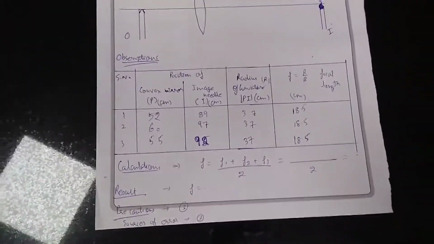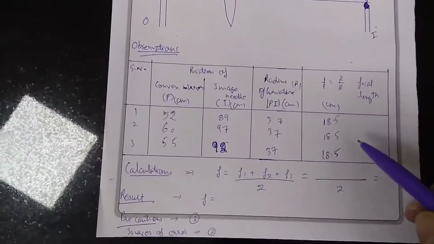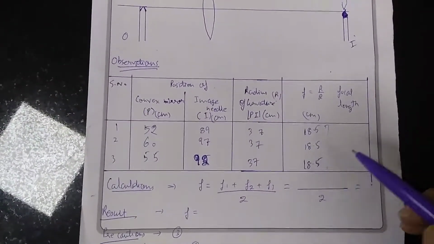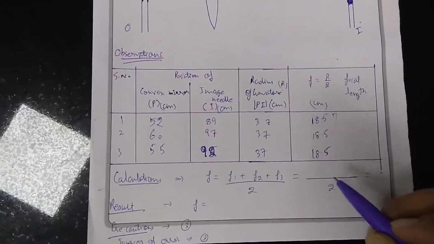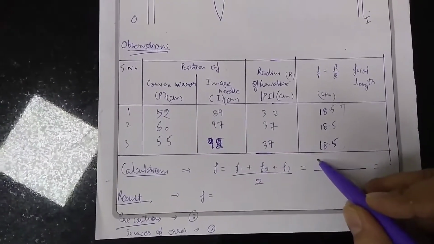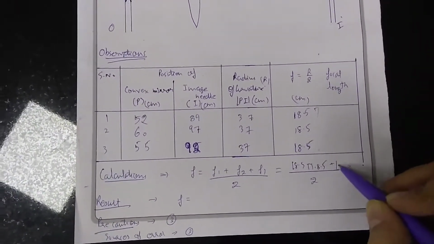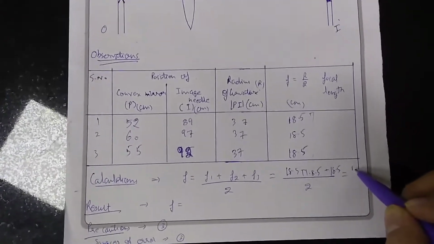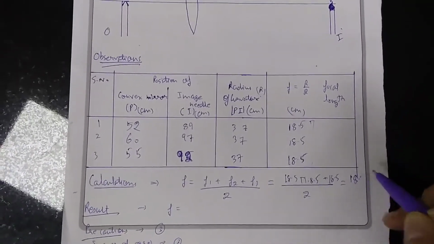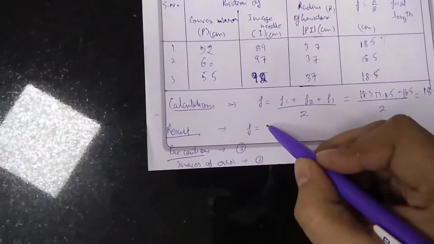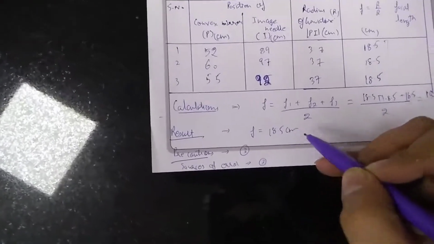Generally, if you follow all the rules, then the errors are not there. But sometimes you can see a variation, only 1 or 2 centimeters, not more than that. So 18.5 plus 18.5 plus 18.5 comes to be 18.5 overall. The focal length is 18.5 centimeters.